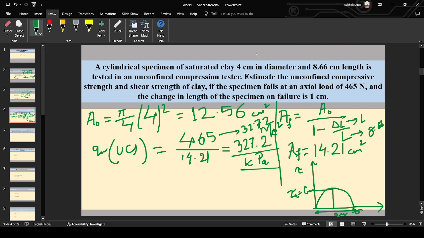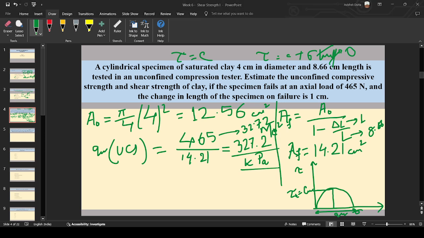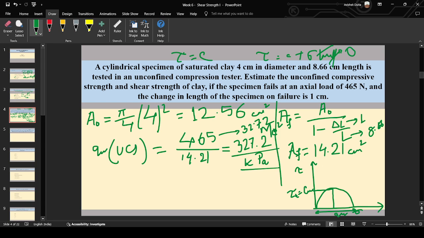So in the equation tau equals C plus sigma tan phi, if phi equals 0, then we get tau equals C. That is, the shear strength is equal to the cohesion. So tau U, the ultimate shear stress, that is the shear strength, is equal to the cohesion. That is the maximum value of the shear stress.